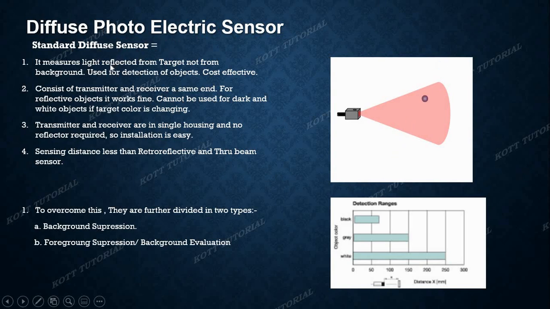Standard diffuse sensor. See in this GIF image again, we can see a sensor and an object passing.